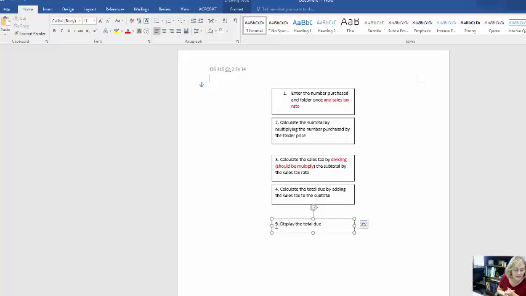Does that seem like we have the errors? Are we seeing 2 errors? I'm seeing one here and one here. So I've got the sales tax calculated, and I've calculated the total due by adding the sales tax to the subtotal, and then I'm going to display the total due.